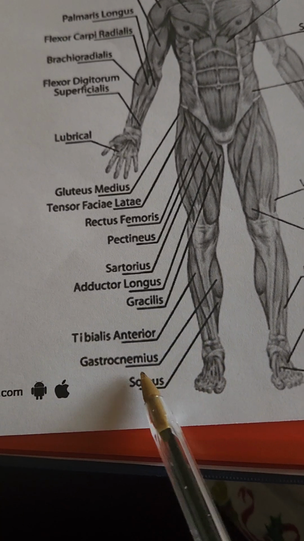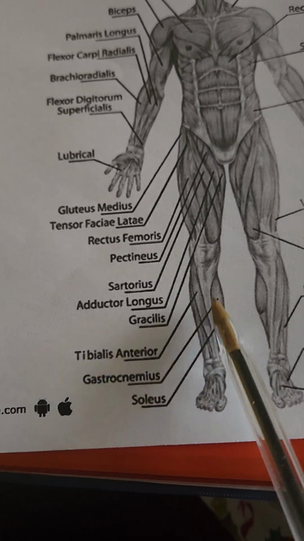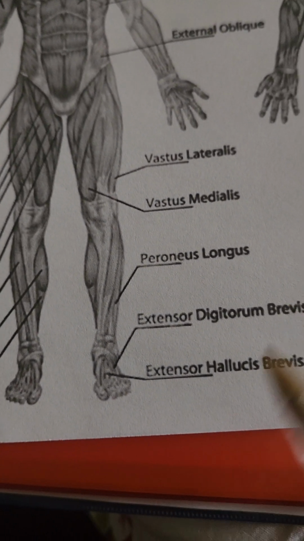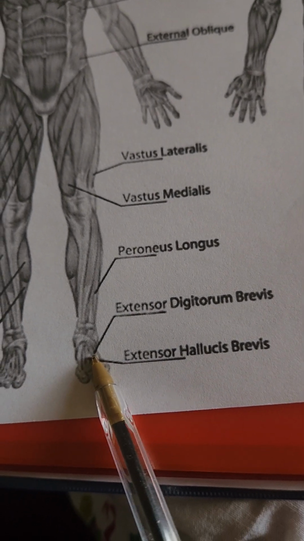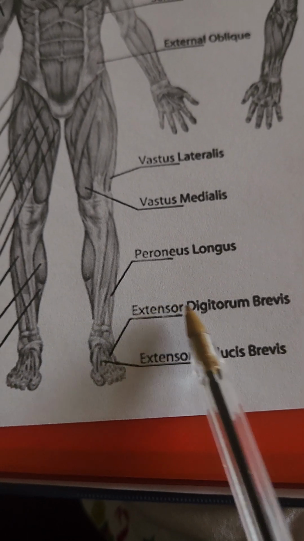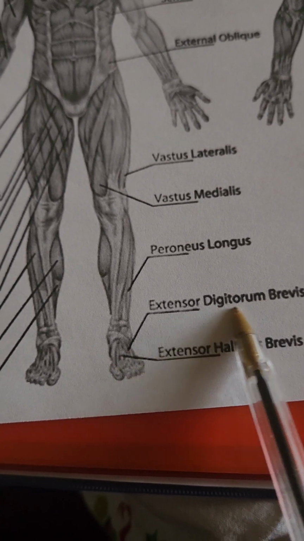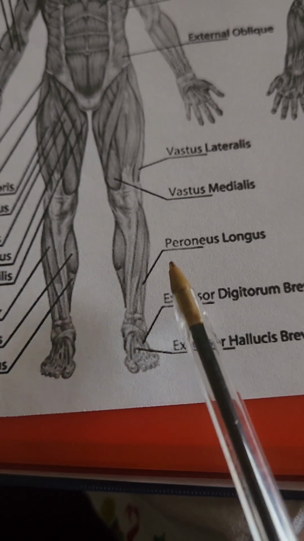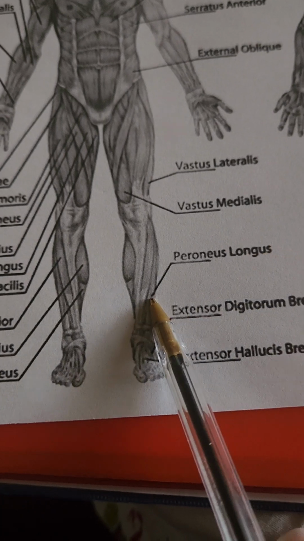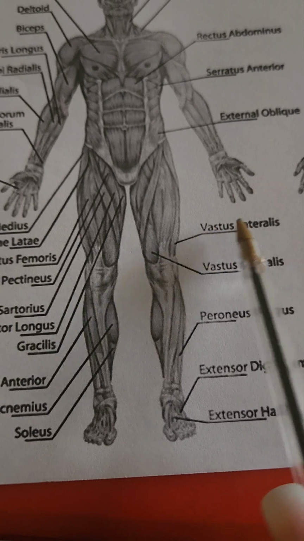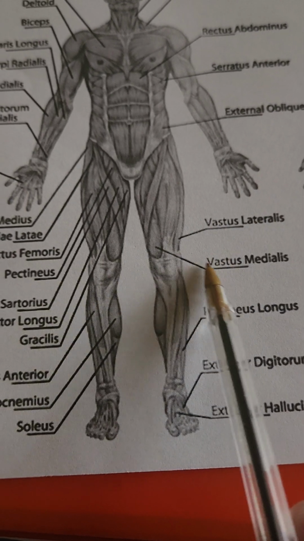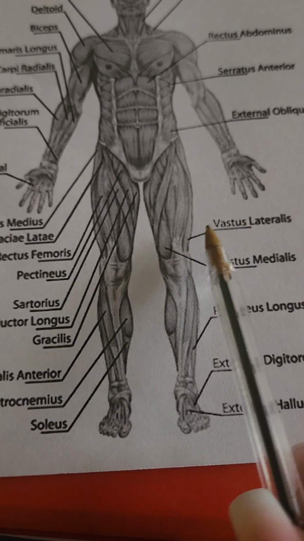Gastrocnemius. Soleus. Okay, coming on this side. Extensor hallucis brevis, your feet. Extensor digitorum, so digits, that's your toes. Peroneus longus. Vastus medialis. Vastus lateralis, so one is medial, one is lateral.